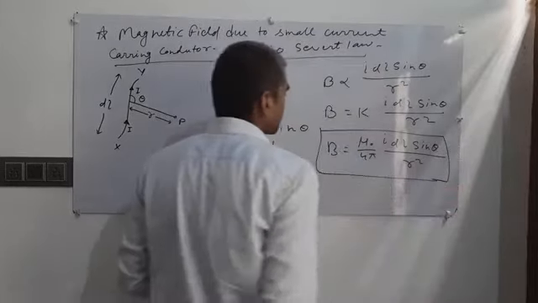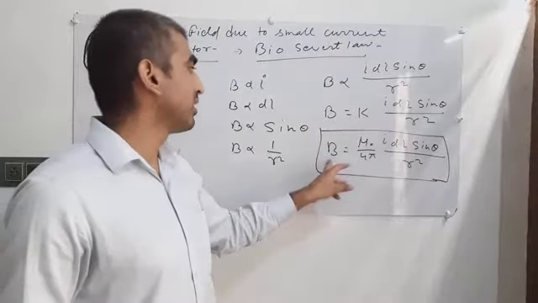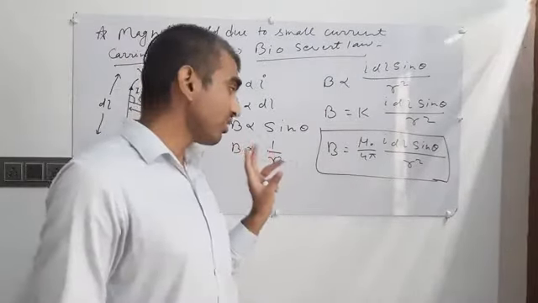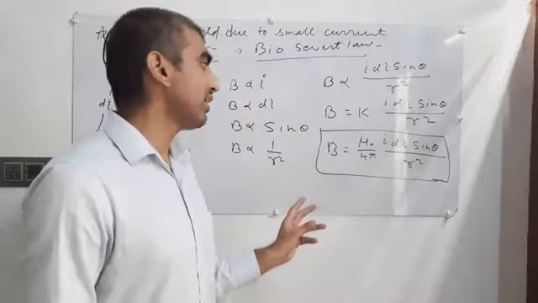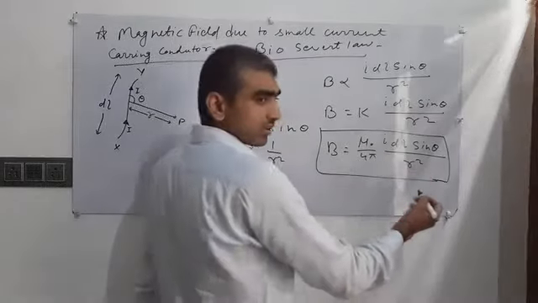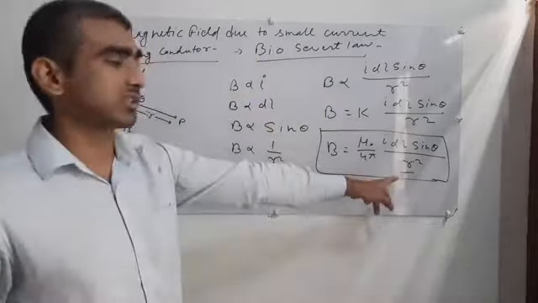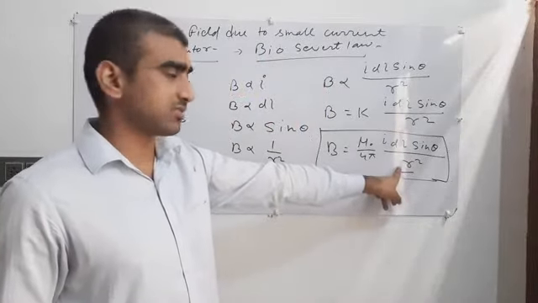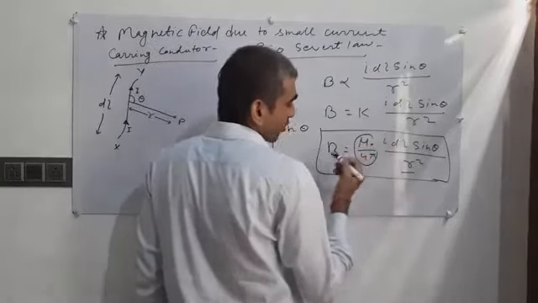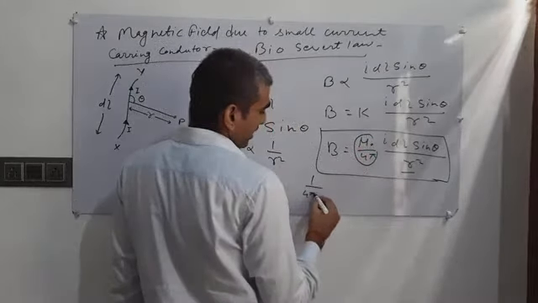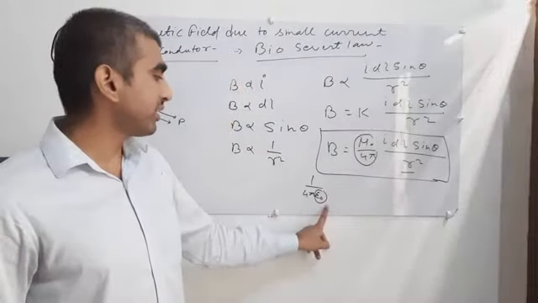Now if you see properly, you find some similarities between this and Coulomb's law. In Coulomb's law, the force is also inversely proportional to the square of the distance between the charges, and there was also a constant, which was 1 upon 4 pi epsilon naught, where epsilon naught is the permittivity of free space.